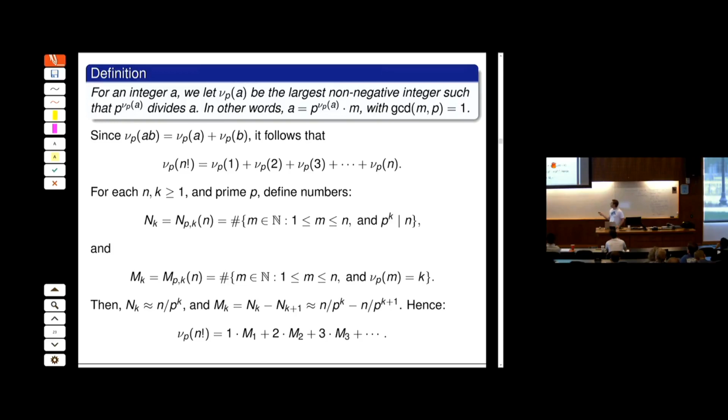And m_k are those numbers that are divisible by p to the k but not by p to the k plus 1, so I have to subtract those. Therefore m_k is approximately n over p to the k minus n over p to the k plus 1.